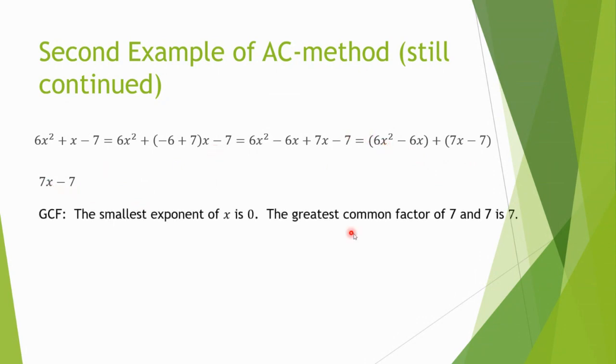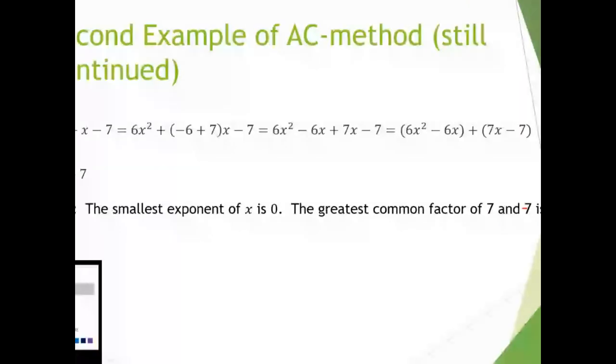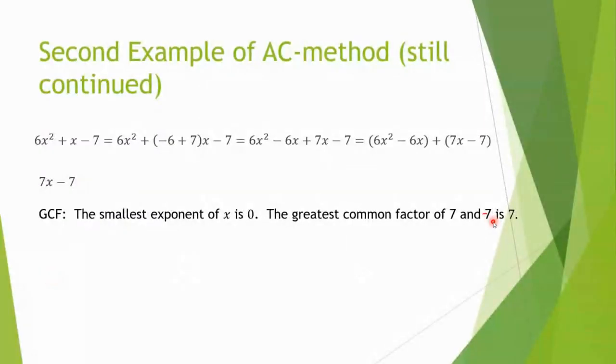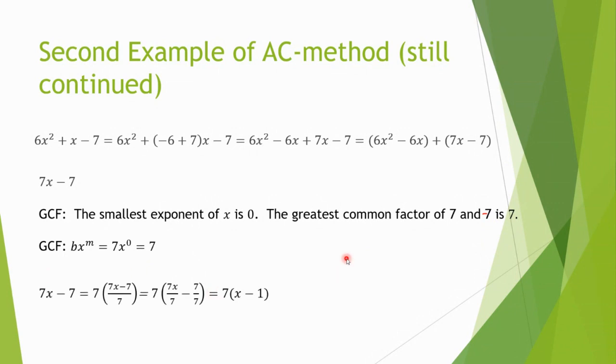The greatest common factor of 7 and negative 7 is 7. They actually have the same factors. So the GCF here is 7, and we just factor it out.